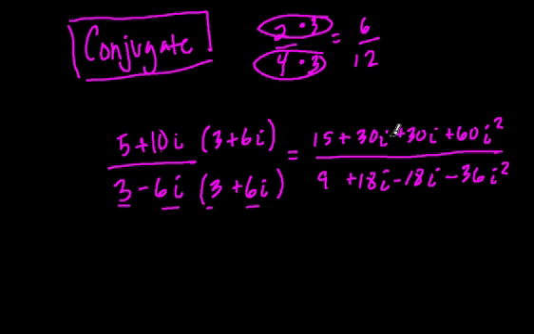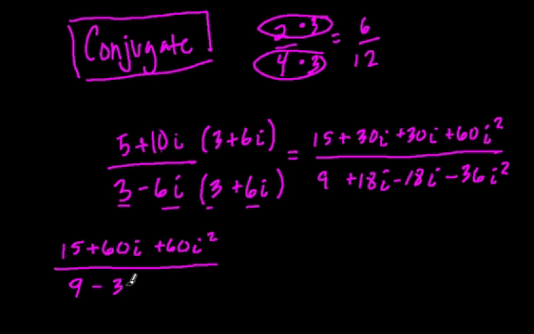I'm going to combine like terms in my numerator, and I get 15 plus 60i plus 60i squared. And in the denominator, we have 9 minus 36 times negative 1. Going back, we had positive 18i minus 18i, that's 0. And i squared is the square root of negative 1 times the square root of negative 1, which is just negative 1.